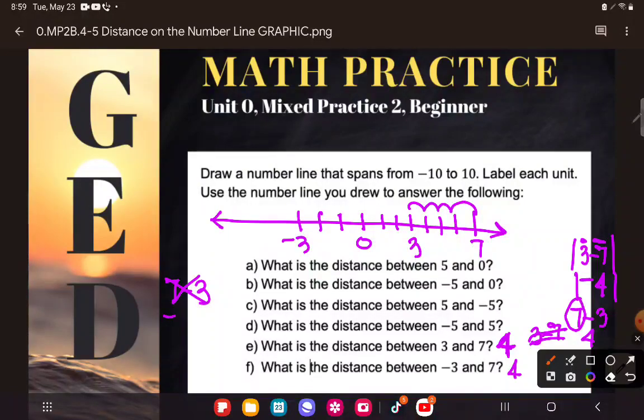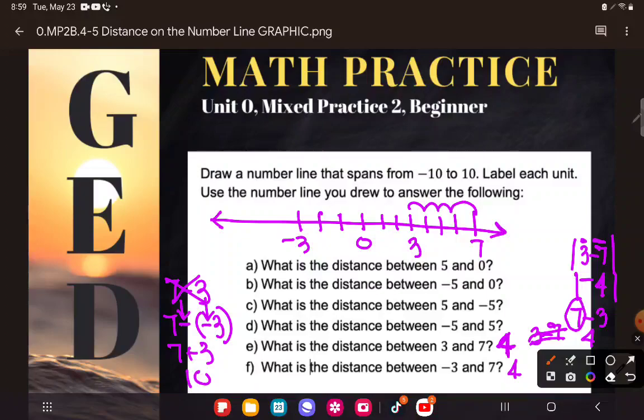So this is the idea that if I have 7 and I'm going to find the distance, I can subtract, but I've got to subtract -3. And like we said, the opposite of subtraction, or the opposite of a negative, is a positive. So that's the same as 7 plus 3. But I don't have to remember these rules. I mean, rules are great, don't get me wrong. But if you don't know where they come from, look at this number line.